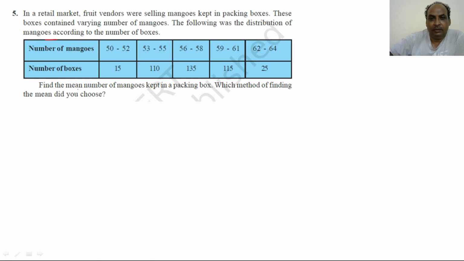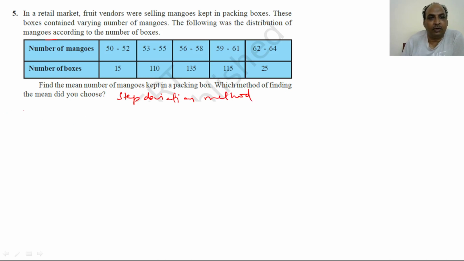Here we need to find the mean number of mangoes kept in a packing box. Which method of finding the mean did you choose? We will use the step deviation method, because it makes our calculation easier. So that's why we will use it.